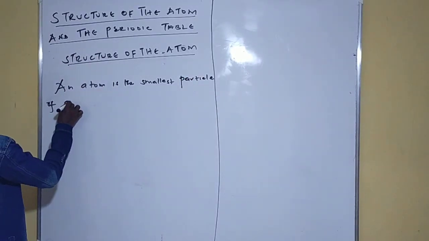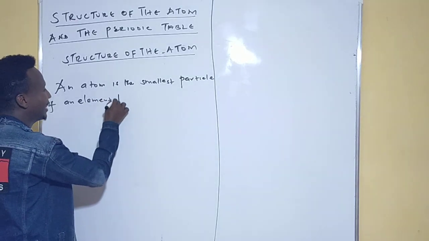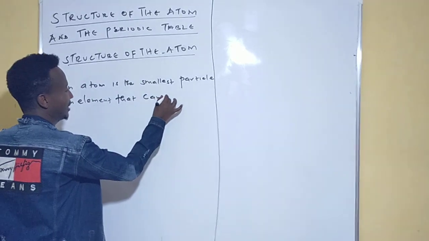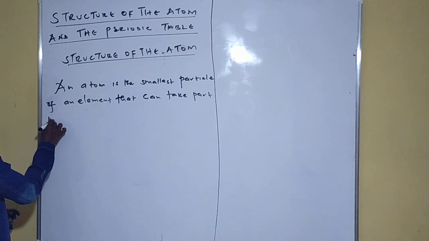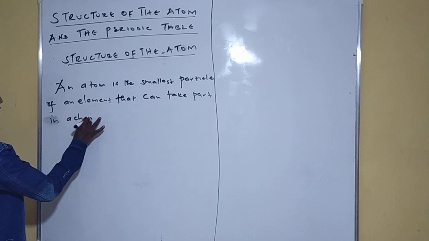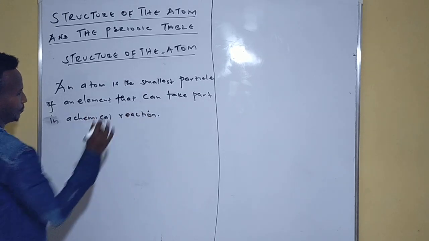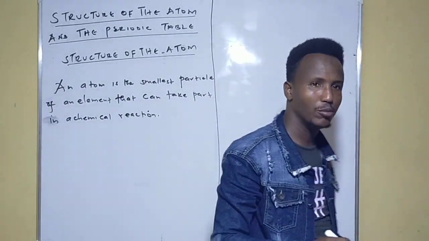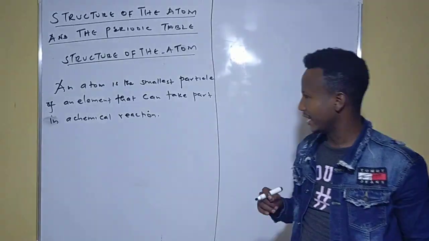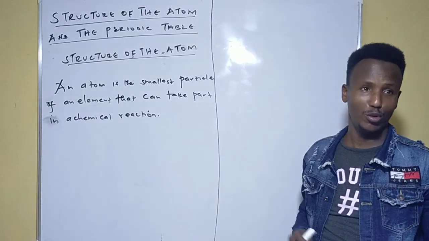An atom is the smallest particle of an element that can take part in a chemical reaction. This is the definition of an atom. By the way, it's very easy. Make sure you know this one from today.